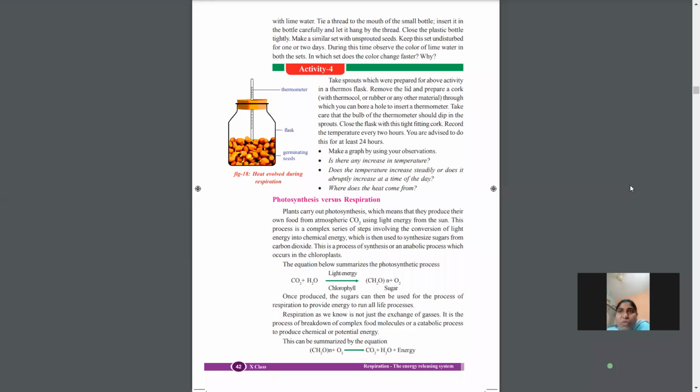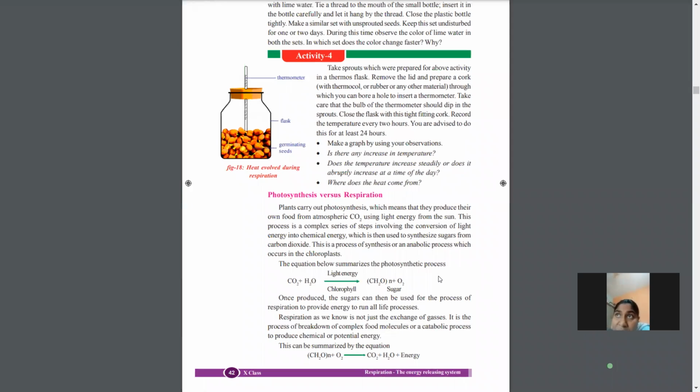Okay, so next we will see what the differences are between photosynthesis and respiration. This is the last part of the chapter. We know about photosynthesis from the first chapter on nutrition. Photosynthesis is a complicated process that involves many intermediate steps.